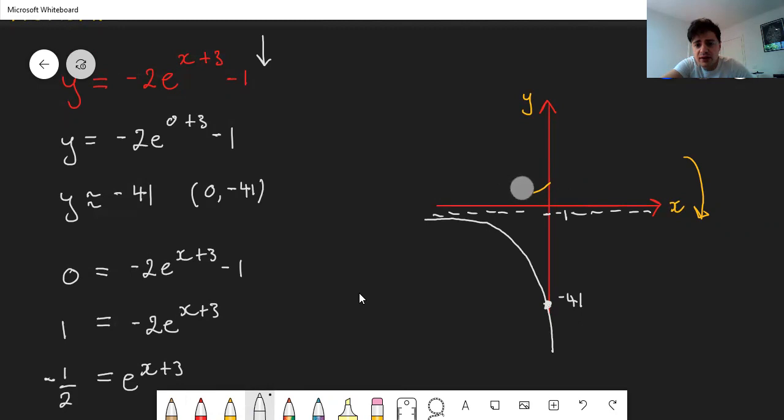We can find another coordinate if we wish. If I had already calculated it for, say, x equal to 2, and if x is equal to 2 in this function, try it yourself, you end up with a y value of negative 297 something. So this is a really steep graph, and negative 297 is way off the scale of what I've got here.